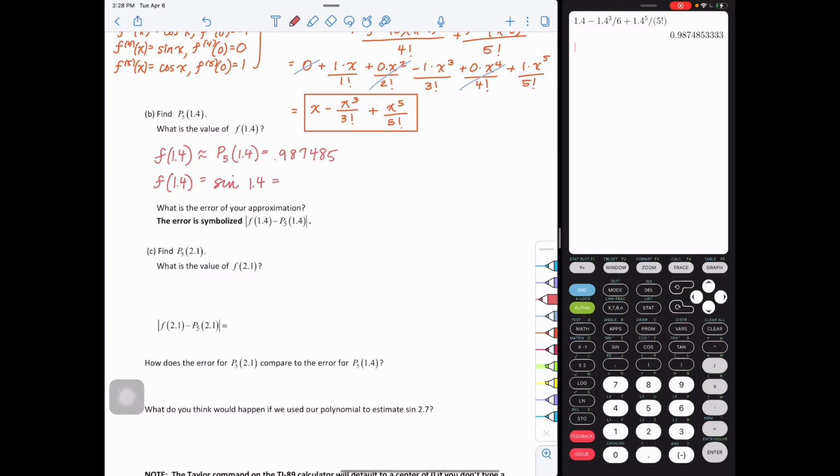And if you put that in your calculator, you'll get 0.98545. So look how closely it approximates the sine of 1.4. We can put that here, sine of 1.4. I hope I'm in radians, which I think I am. Okay? So a close approximation.